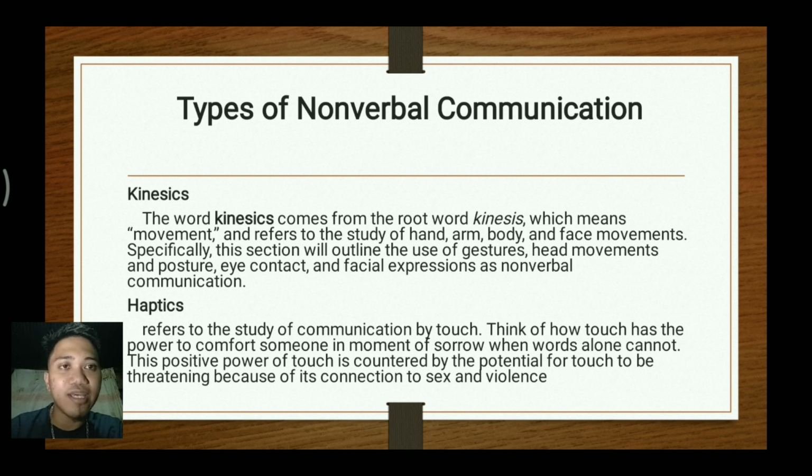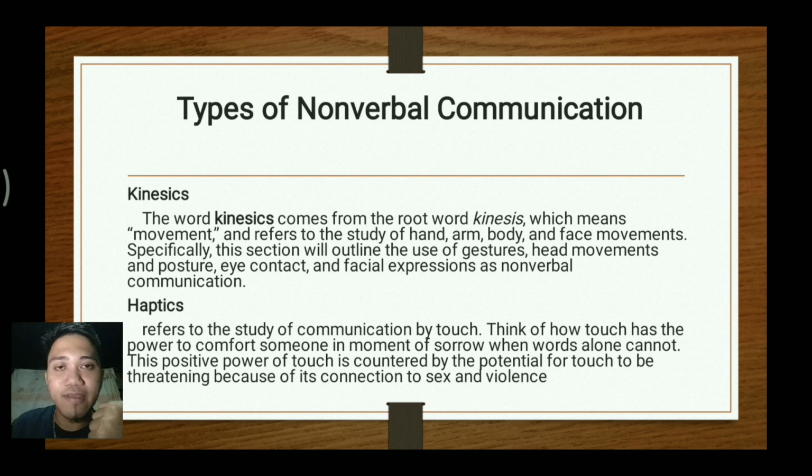Haptics refers to the study of communication by touch. Think of how touch has the power to comfort someone in a moment of sorrow when words alone cannot. This positive power of touch is countered by the potential for touch to be threatening because of its connection to sex and violence. So haptics simply means the power of touch.